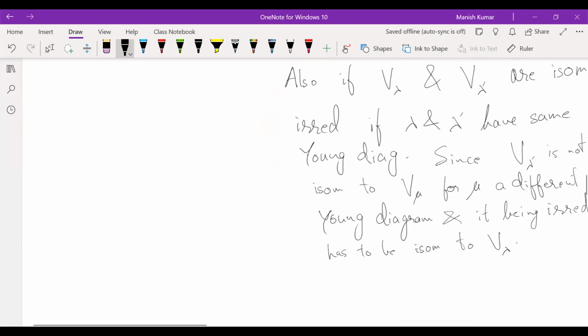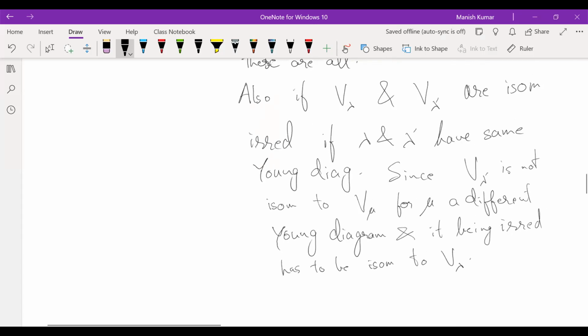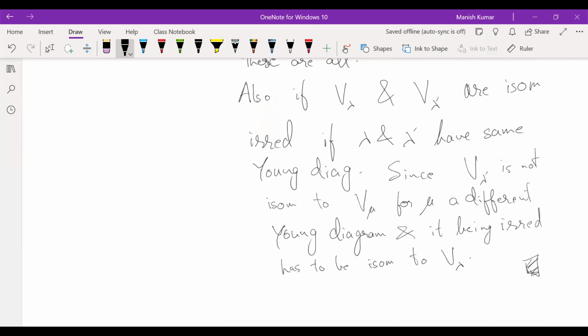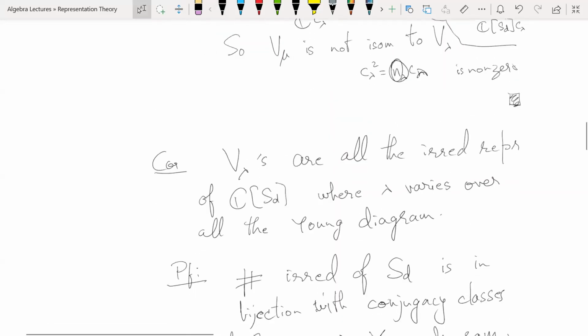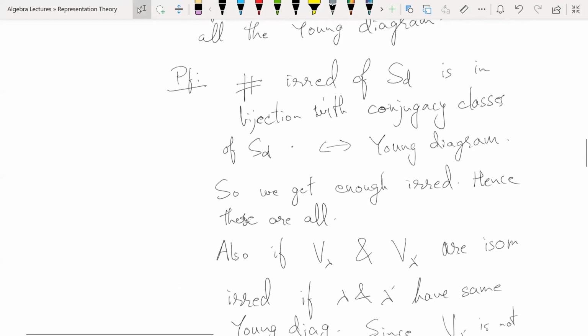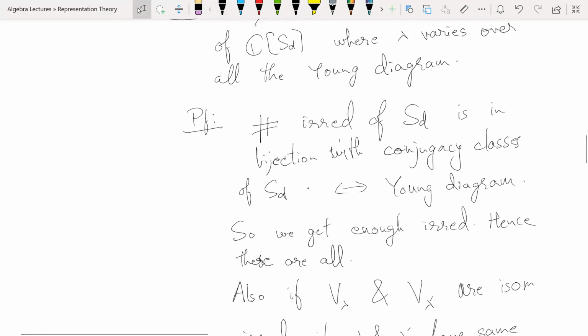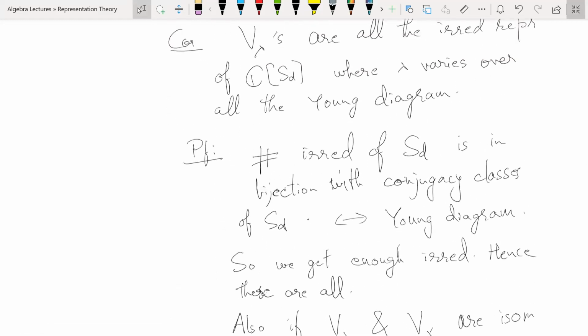Okay. Is this clear, everyone? I hope this proof also made sense towards the end. Any questions or comments?